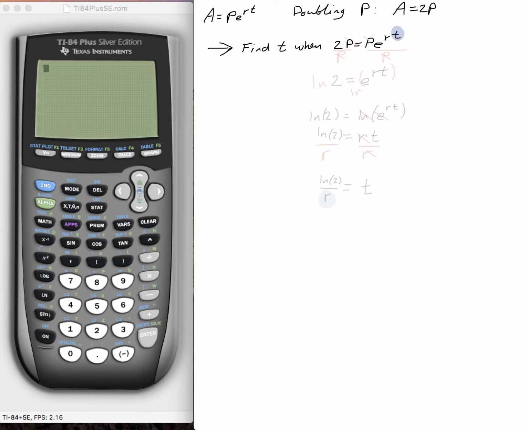We can do that by first dividing by p. So if we divide both sides by p, we can cancel a p and just be left with 2 on the left and e to the RT. Okay, now we could ln both sides in order to cancel out the e.